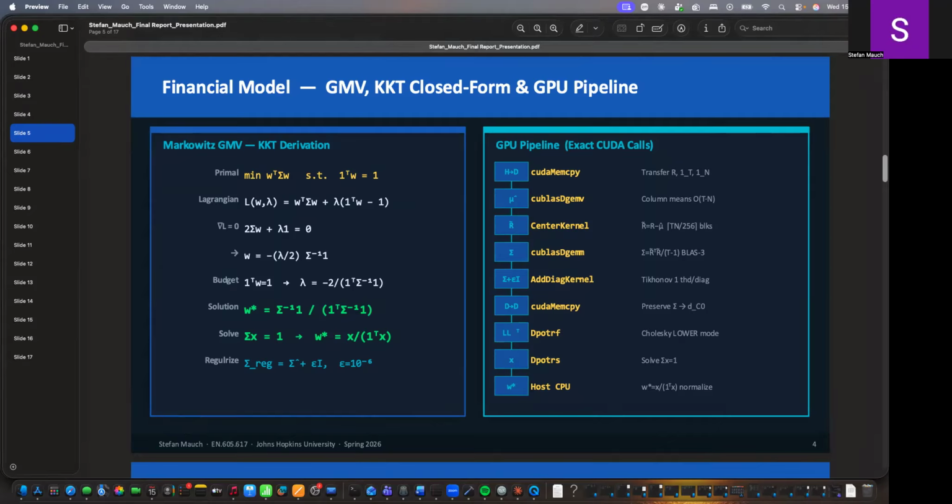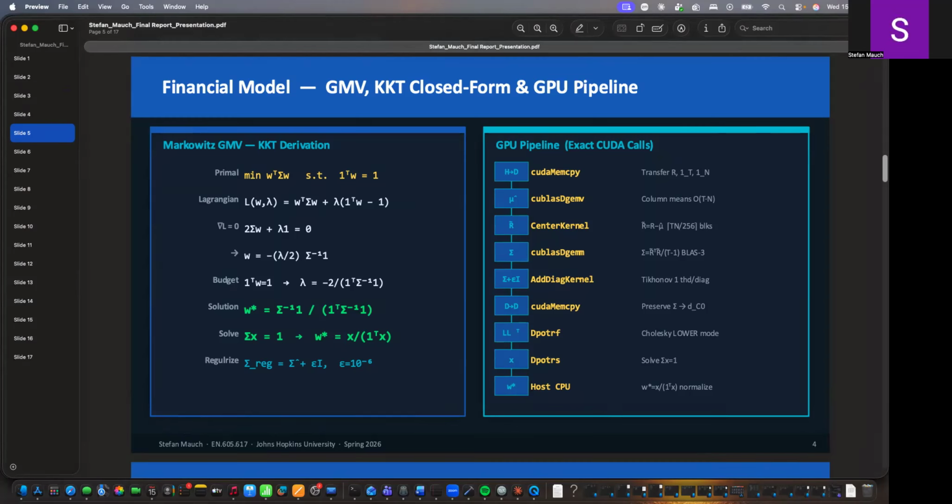So this is our financial model. Let me introduce you to the global minimum variance portfolio. It's pretty simple: find a set of weights across all assets that minimizes total portfolio risk. In this case it's variance, without making any assumptions about expected returns.